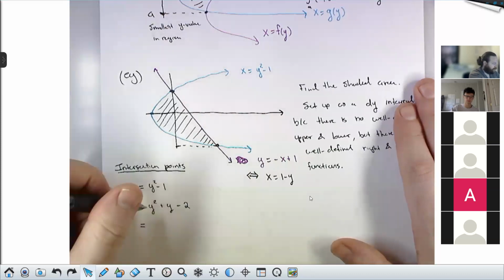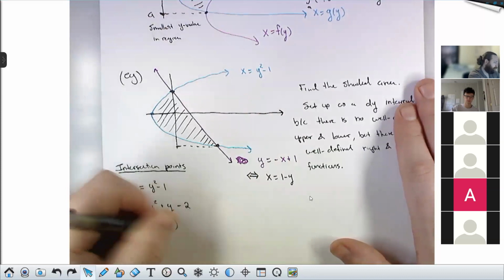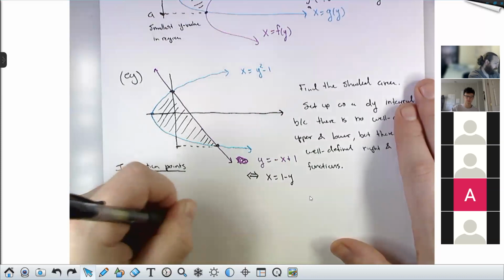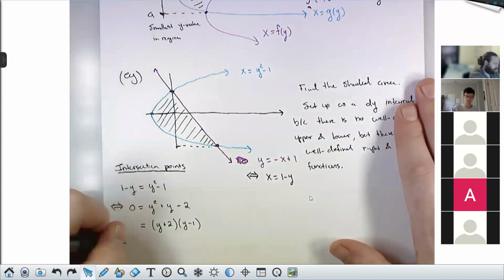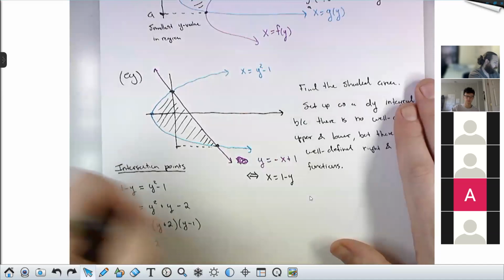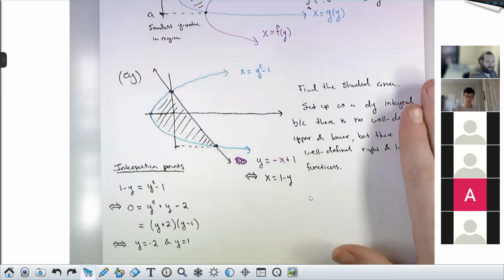Two such numbers there are +2 and -1. So this is going to factor as y plus 2 times y minus 1. So the two solutions that I get out are y equals -2 and y equals +1. Those are your intersection points.